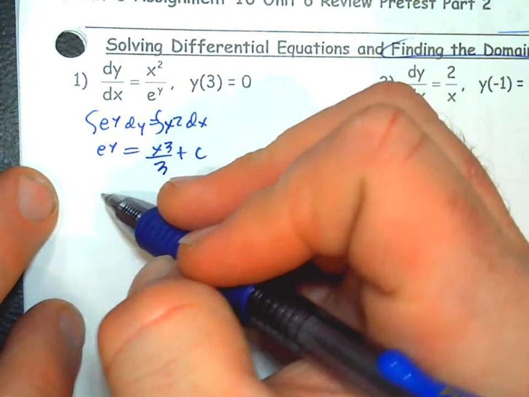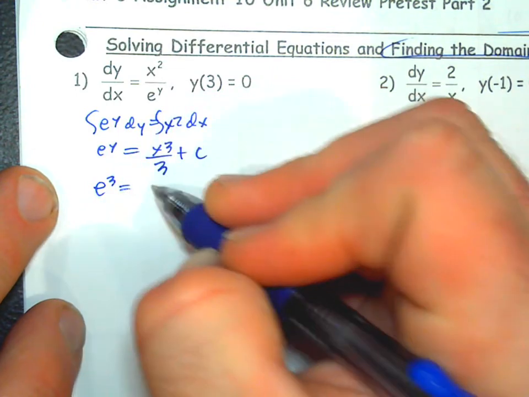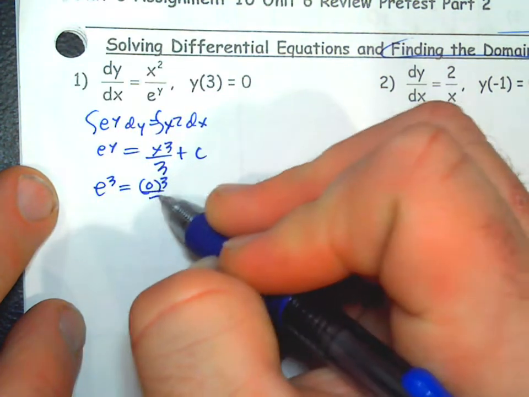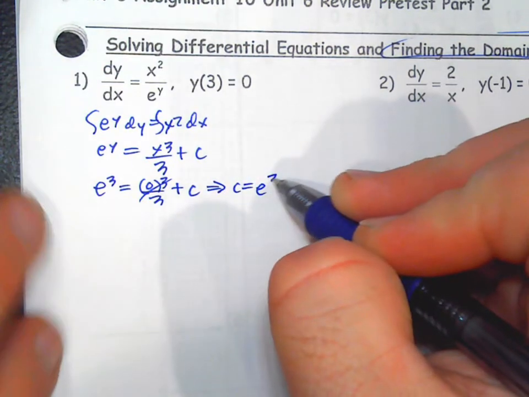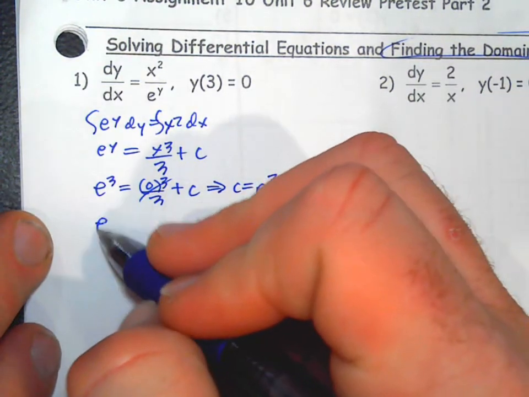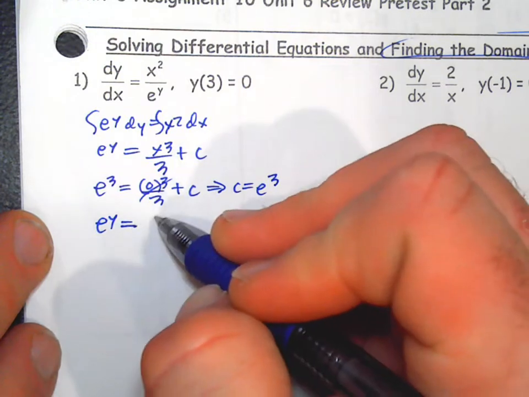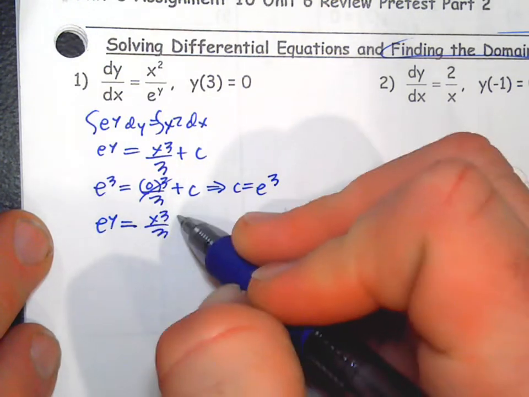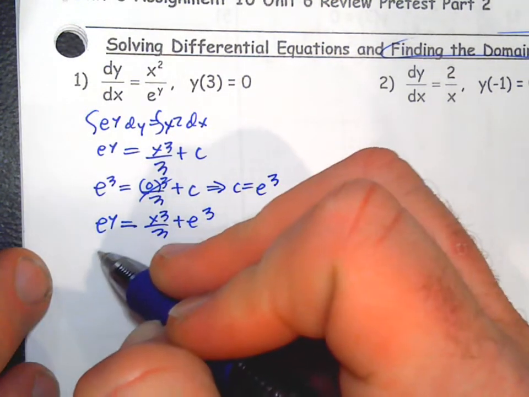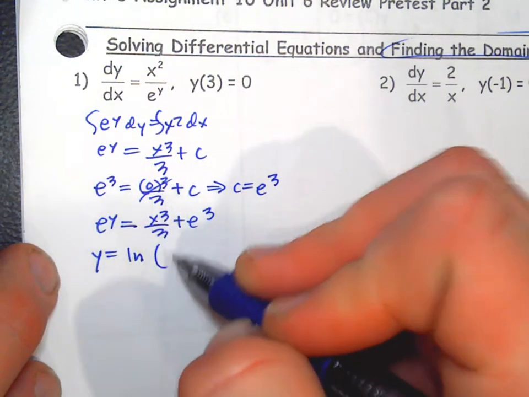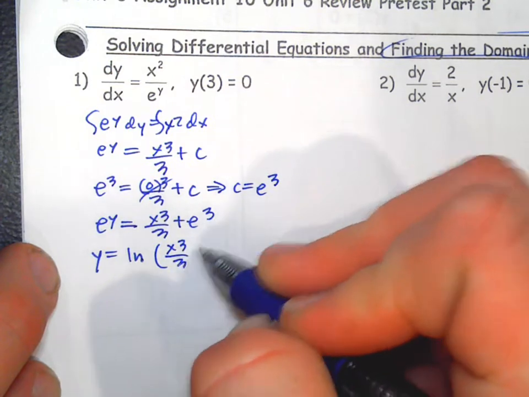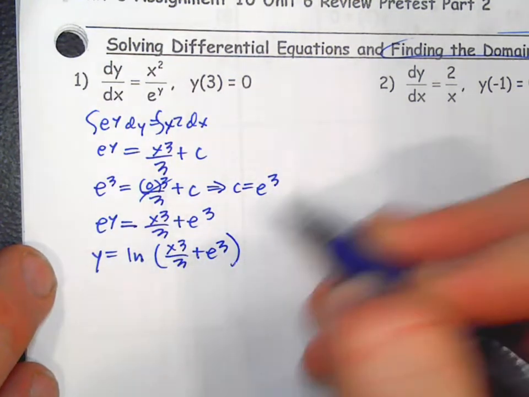Use the initial condition, so c equals e cubed. Plug it back in: e to the y equals x cubed over 3 plus e cubed. We're going to take the natural log of both sides, and you can't distribute natural logs, so this is all stuck together.